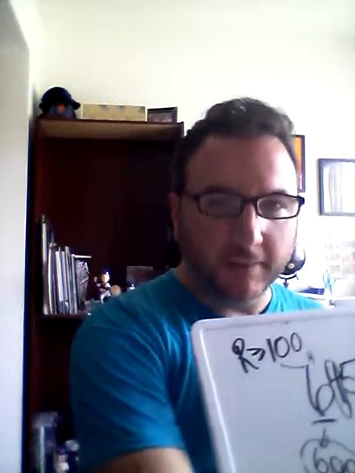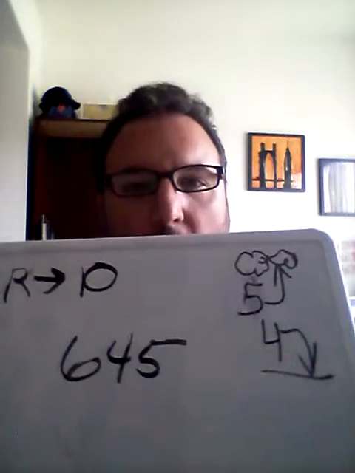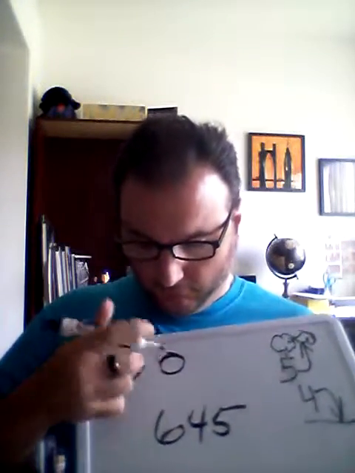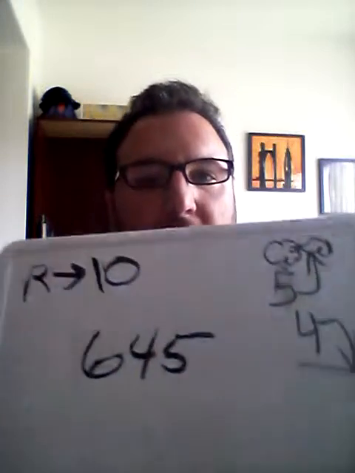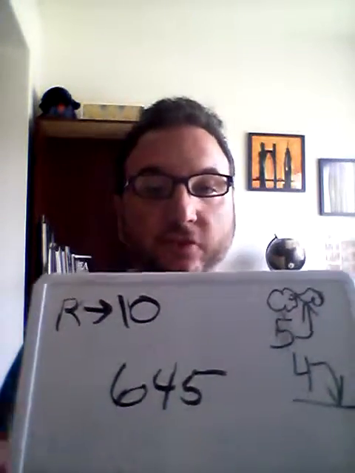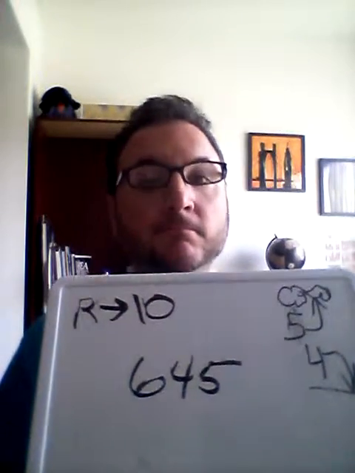We're going to do another example with the same number. I'm going to leave my rule up on the side there. Same number, but this time I'm going to round it to the nearest 10. So now my question is, which of these 3 digits is in my tens place?